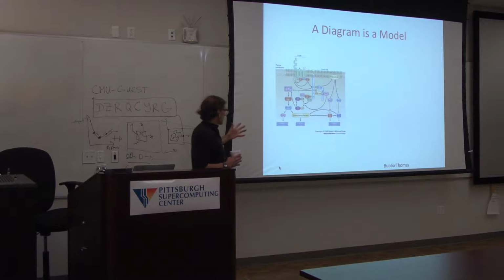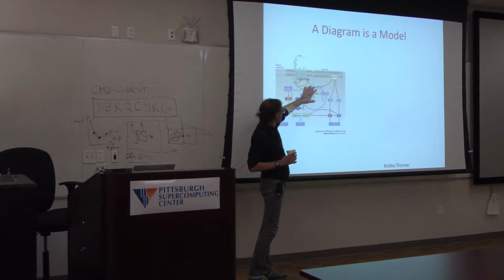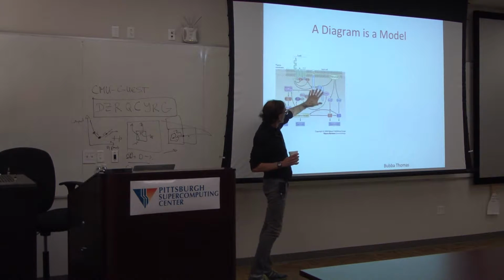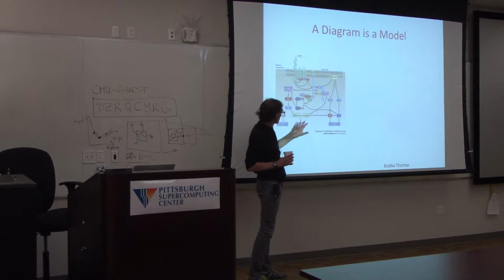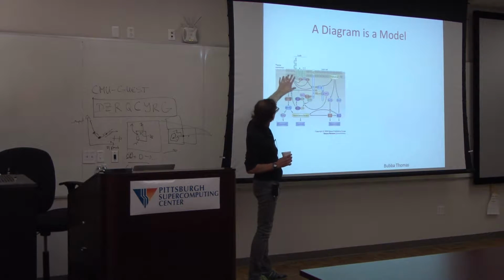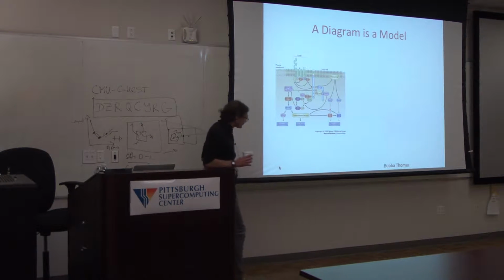And so in signal transduction, of course, you see diagrams like this all the time. They show the interactions of complex biomolecules that make up the biochemistry of cell signaling and how cells respond to signals and process information.